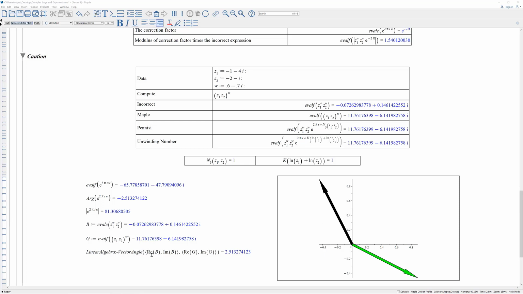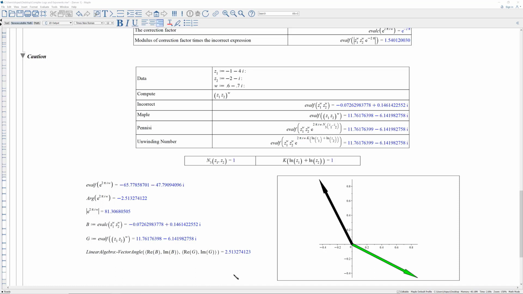Well, I made a vector here, real part of the black, imaginary part of the black. And here's the other vector, real part of the green, imaginary part of the green. And I calculated the angle between those two vectors, 2.5. Now this is minus 2.5. This is a question of whether I went this way or this way. But the magnitude of that angle agrees.